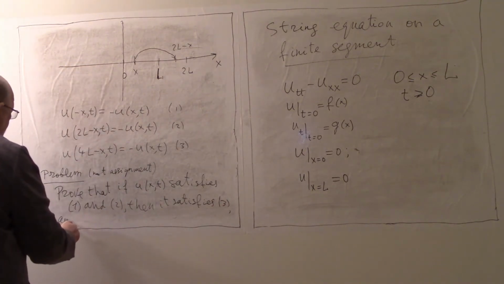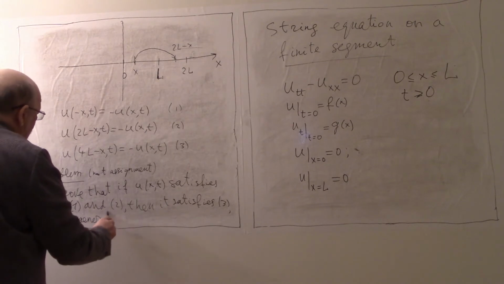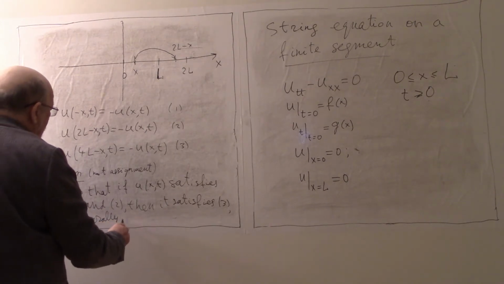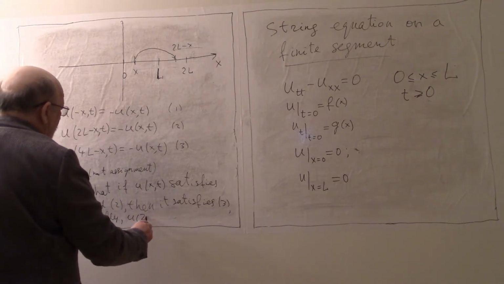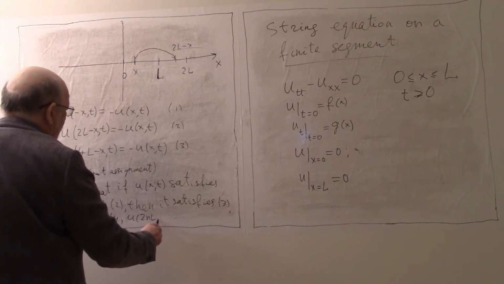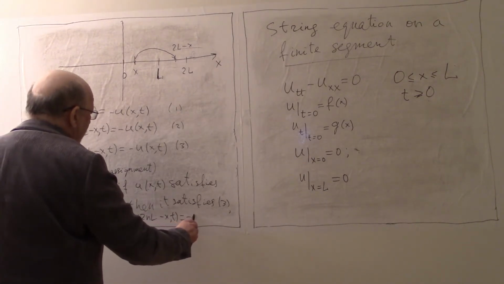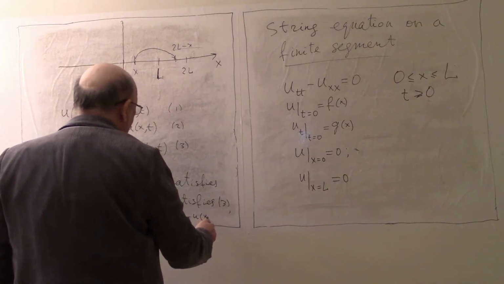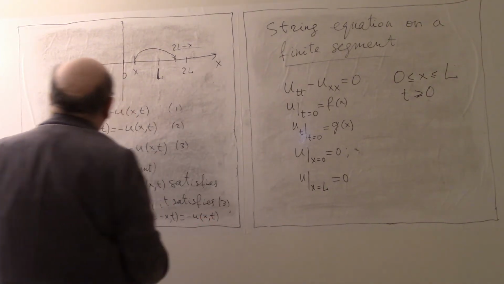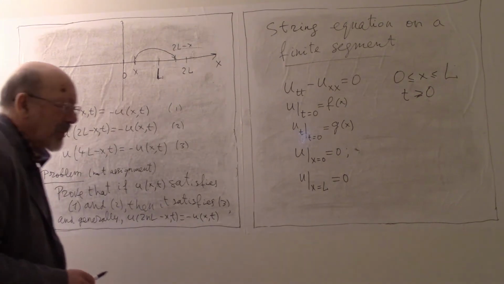and generally u of 2nL minus x, t equals minus u of x, t. Yes.